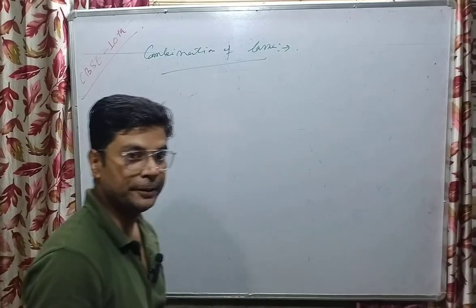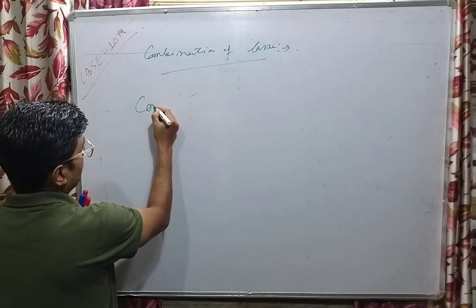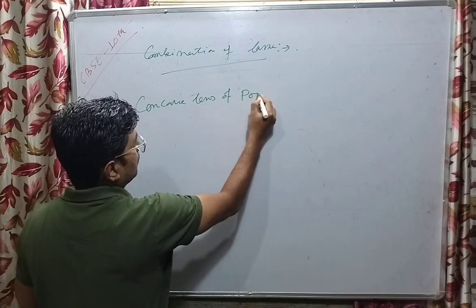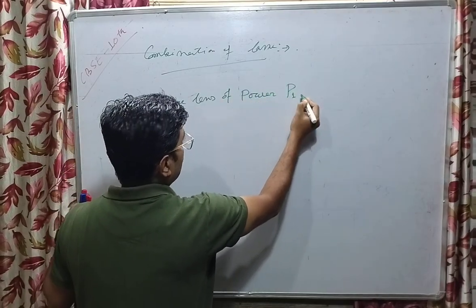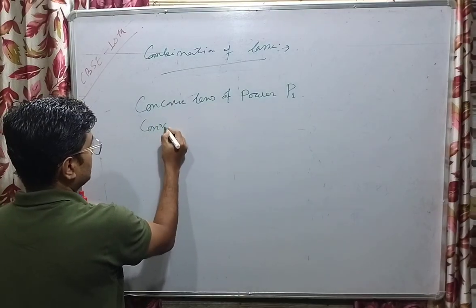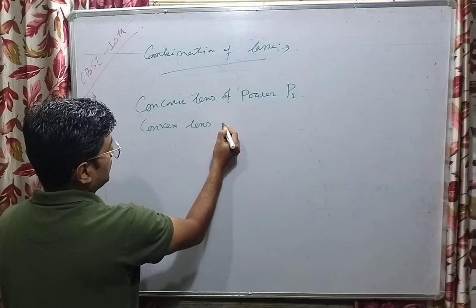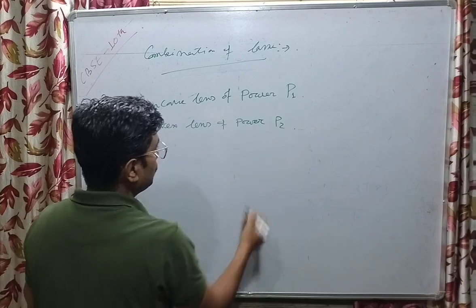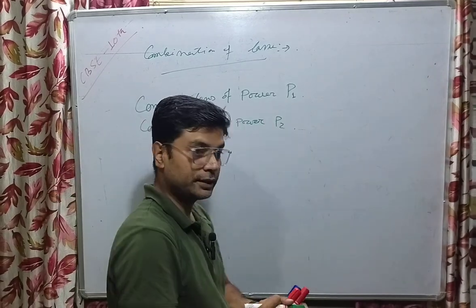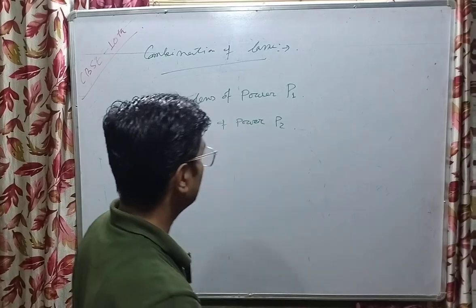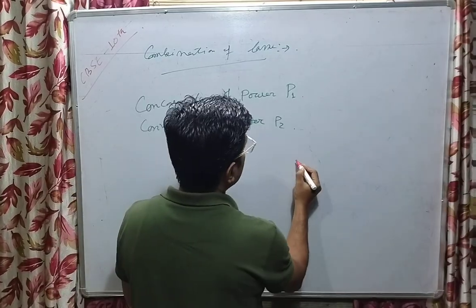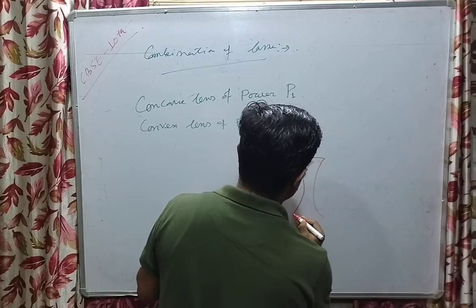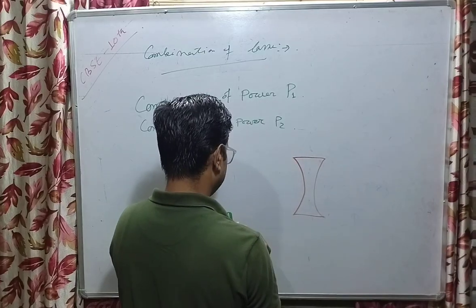Suppose students, you are given a concave lens of power P1 and a convex lens of power P2. Let us try to understand this topic with the help of a diagram. Okay, suppose this is the concave lens, right?